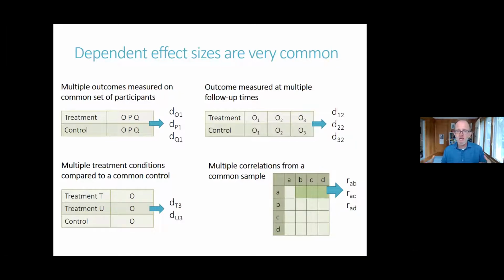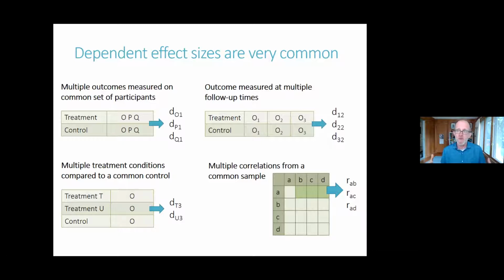It's easy enough to extract these multiple effect size estimates from a set of source studies. The challenge of dependent effect sizes enters in because it's often difficult to get the information you need to precisely estimate the degree of dependence between effect sizes, to know just exactly how correlated, say, the estimate from D_O1 is with D_P1, or the degree of correlation between r_AB and r_AC.